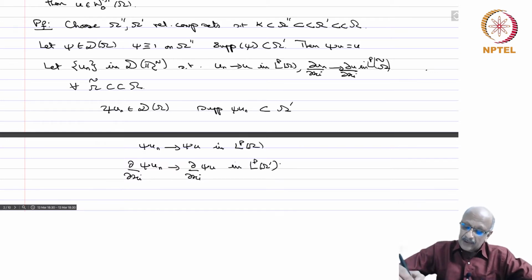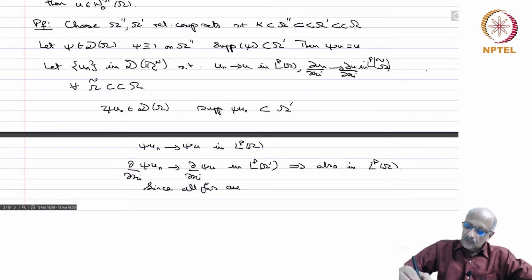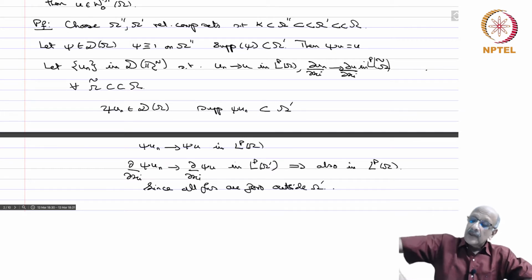This implies, because all supports are contained in Omega prime, outside Omega prime everything is 0, that it also converges in L^p(Omega), since all functions are 0 outside Omega prime.